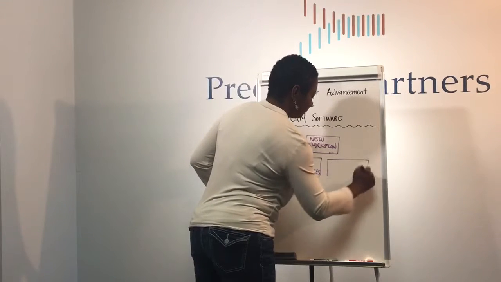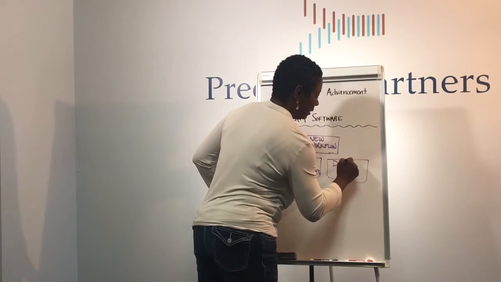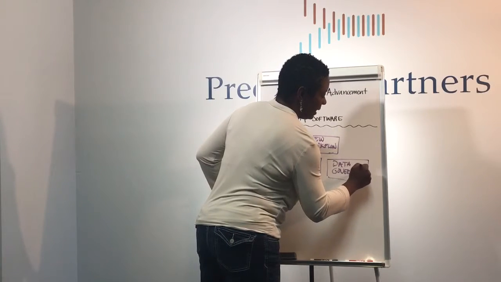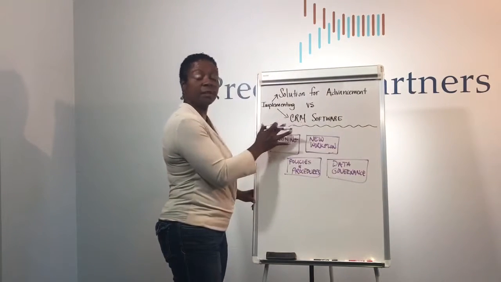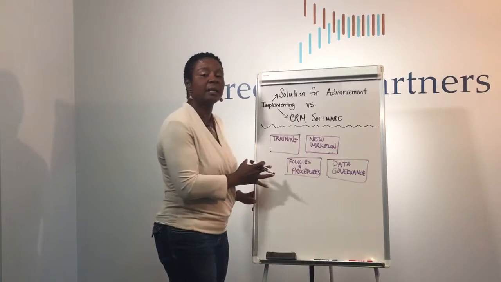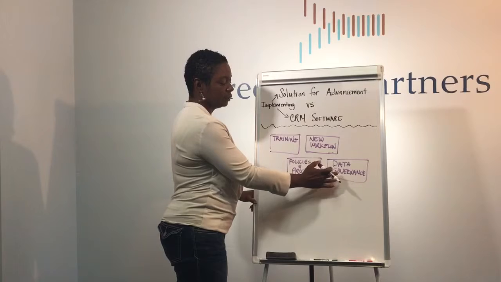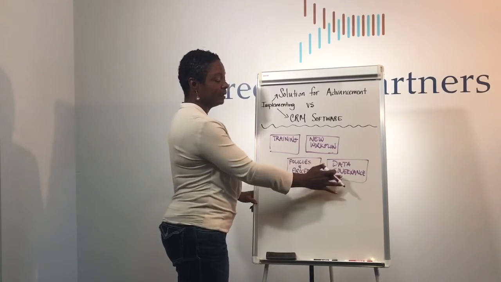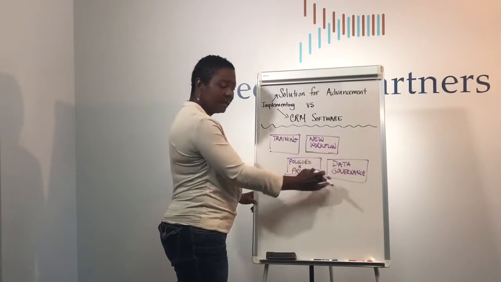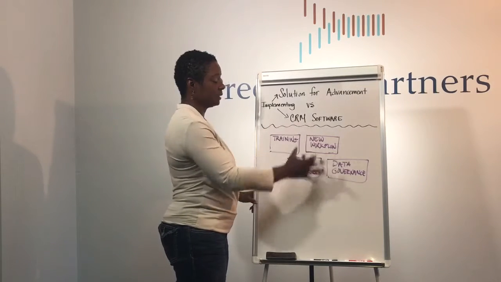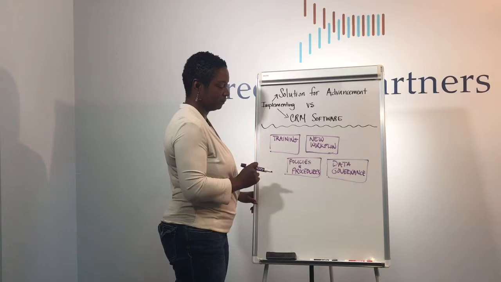Data governance. There's a lot of information that is going to flow in and out of the CRM software as it becomes an integrated part of the ecosystem. So I need to look at establishing a data governance structure, committee, or team, who will actually provide guidance throughout the entire process of that.